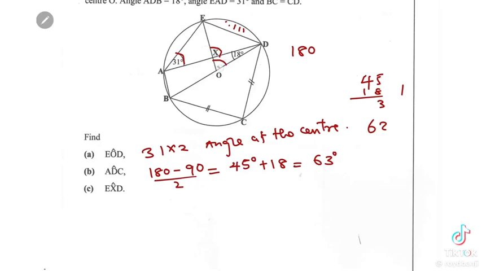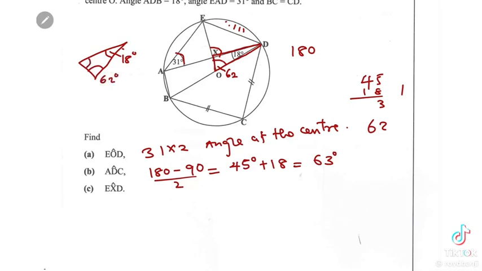This is twice the angle, so this is 62. We know already. Then we have this small triangle here. I guess you are able to see it. That small triangle has the angle of 18 degrees and the angle of 62 degrees.